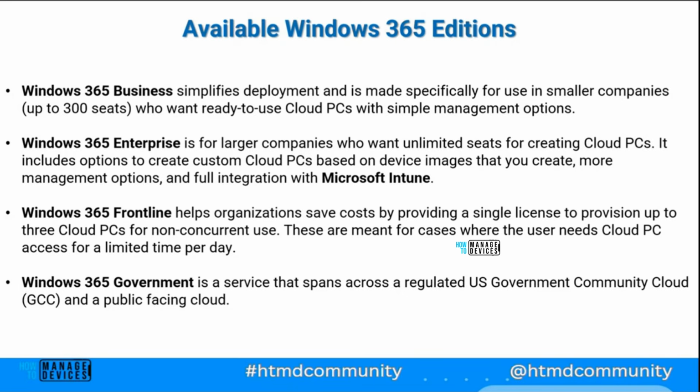And the other edition available is Windows 365 Government. It's a service that spans the regulated US government community cloud, GCC, and the public facing cloud. This is something like a regulated community, mainly focusing on the US government community cloud.